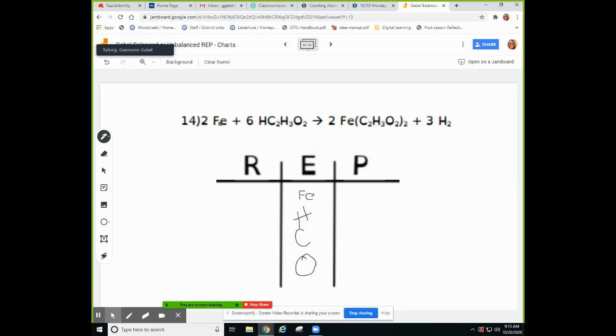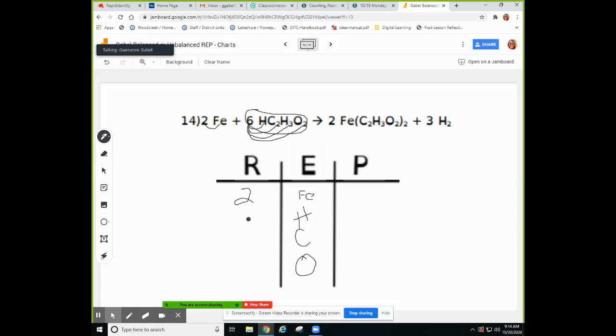I have 2 molecules of iron. I need to distribute this 6 to this entire formula. So 6 to this H, 6 to the carbon, 6 to this hydrogen, and 6 multiplied to this oxygen.